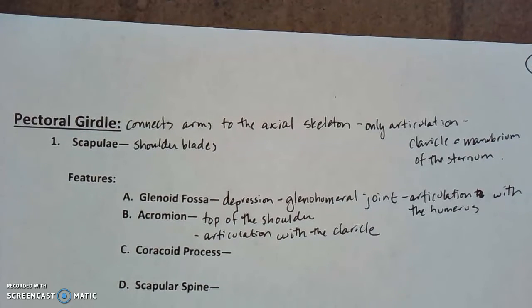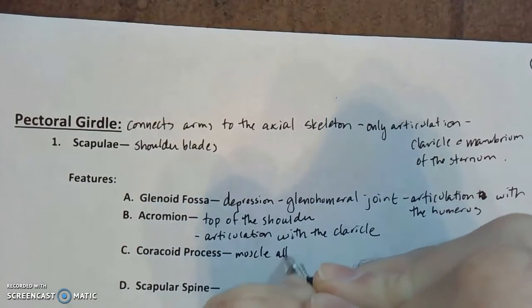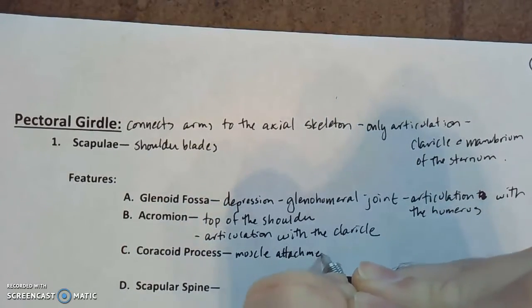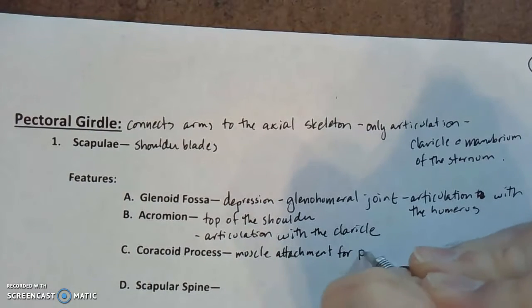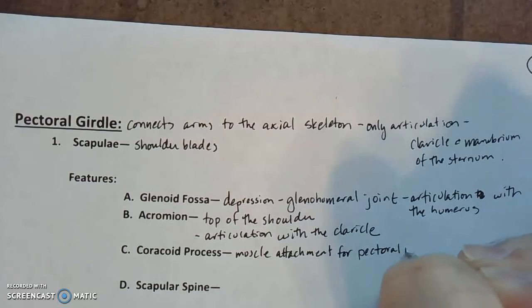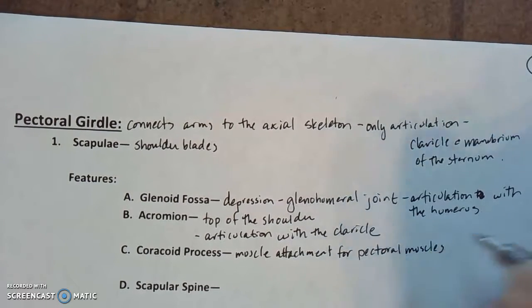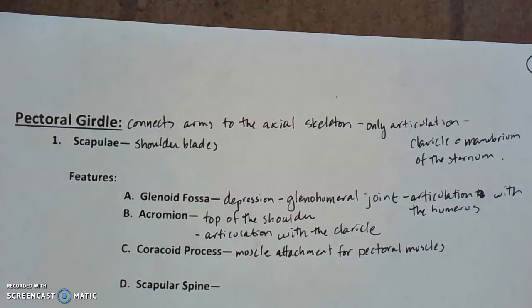And then the coracoid process is a rather large muscle attachment site for large muscles, and that is going to be for the pectoralis major muscle. So the pectoral muscles, which we know are the muscles that comprise most of the chest, and we need a very strong attachment site for that.